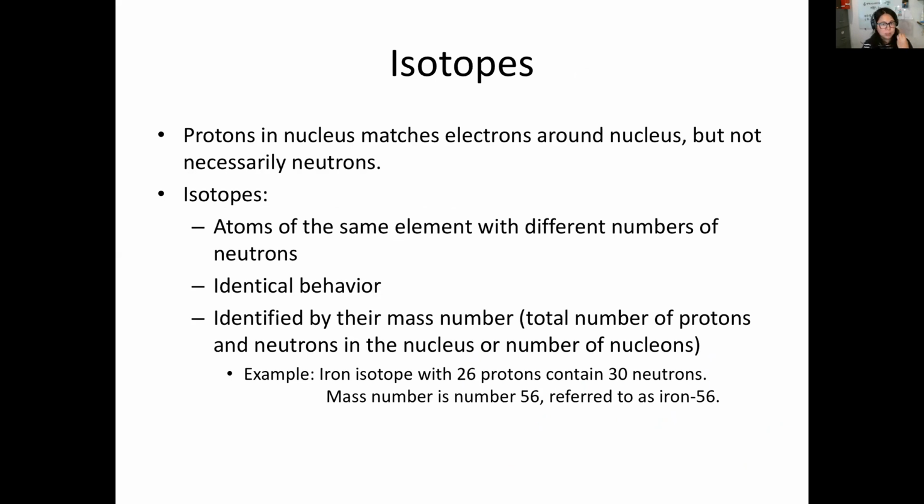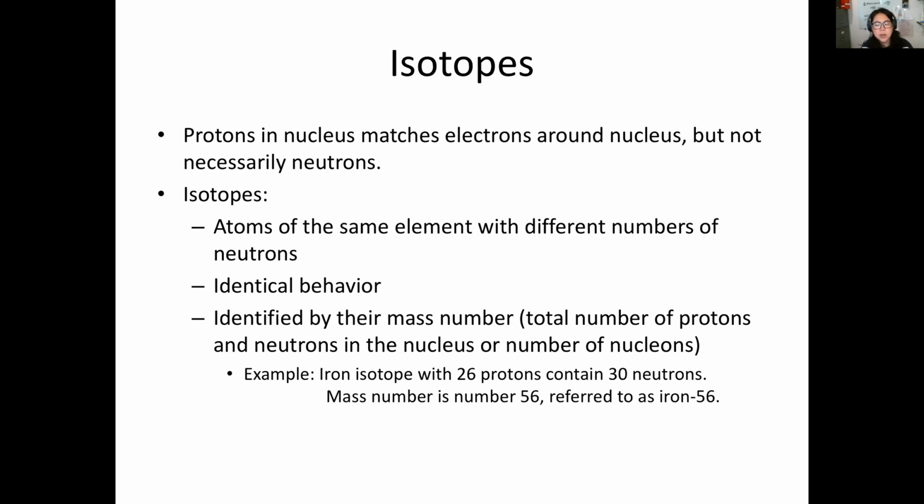Because it's the same element, it's just the same atom, only heavier, so it behaves identically. It has the same character. But you can tell if it's an isotope by looking at its mass, because the extra neutrons make the atom heavier. For example, an iron isotope with 26 protons and 30 neutrons has a mass number of 56.